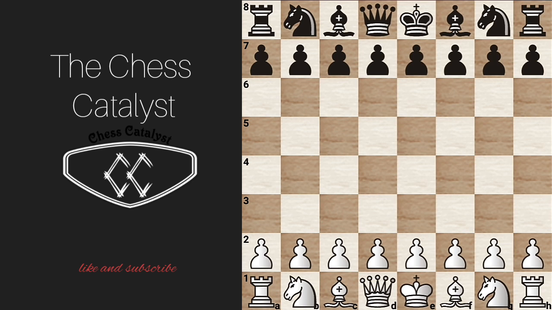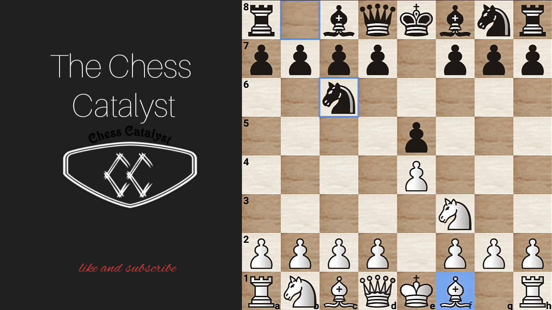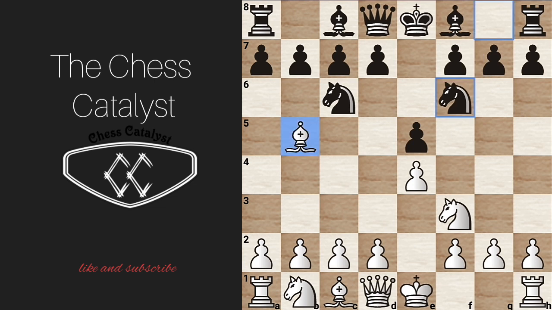So I'm going to show you some basic types of weaknesses we have. I'm first of all going to show you a pawn weakness, which comes out from the Ruy Lopez. We have e4, e5, knight f3, knight f6, bishop b5. Let's say the normal Ruy Lopez. Let's say this happens.